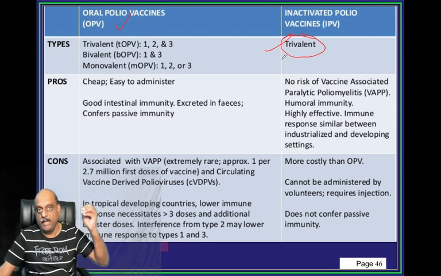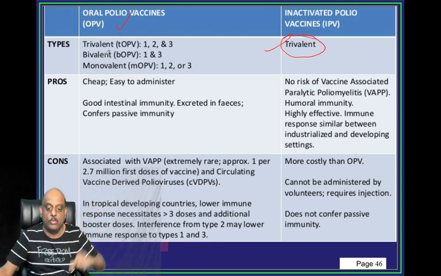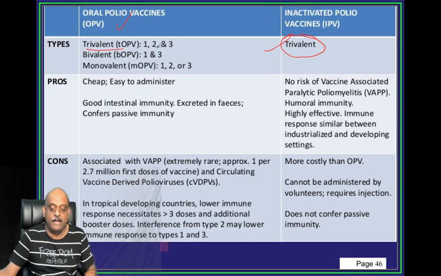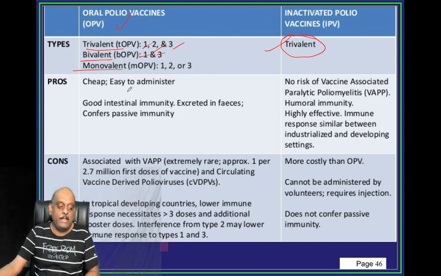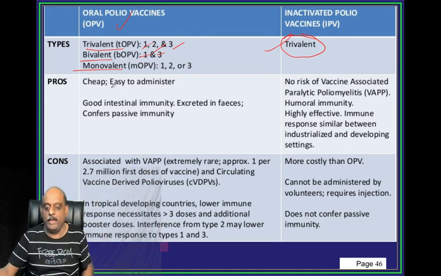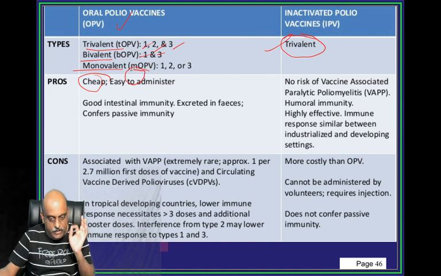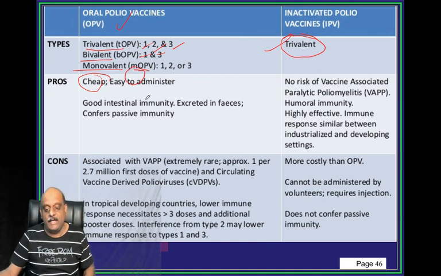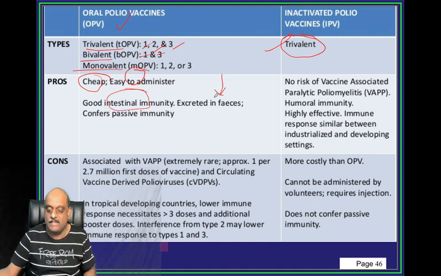Inactivated is trivalent. Oral can be trivalent against strains 1, 2, 3, bivalent against strains 1 and 3, or monovalent, only 1, only 2, or only 3. The main advantages of oral polio are that it is cheap, easy to administer, gives good intestinal immunity excreted in the feces, and provides passive immunity.